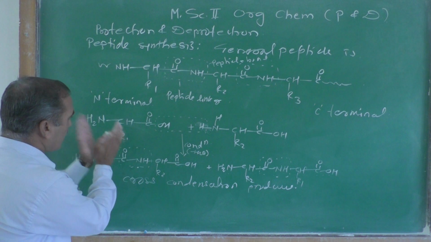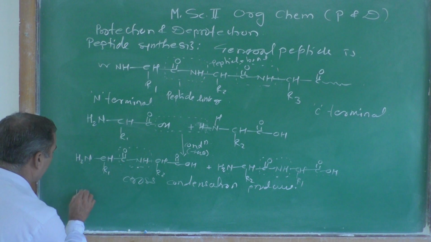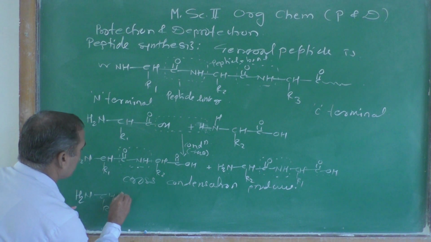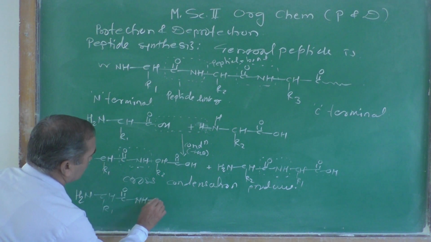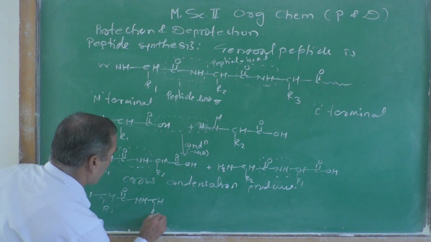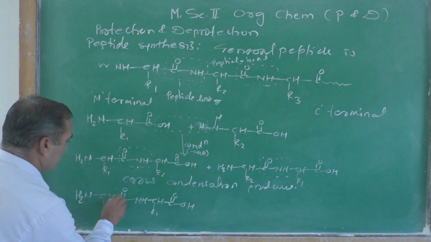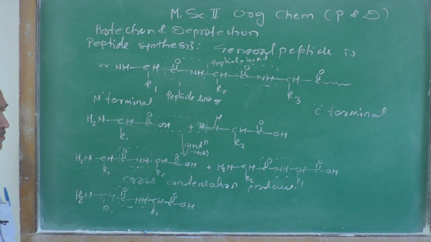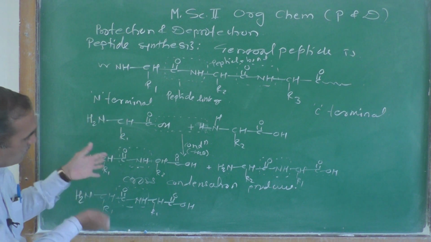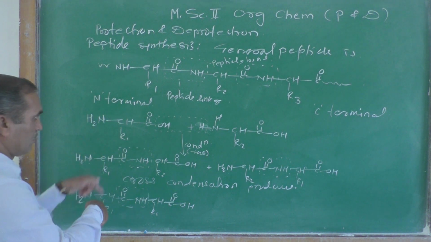When this molecule itself condenses with another of the same, what do you get? H2N, CH, R1, C=O, then NH, CH, R1, C=O, then OH. Again there is peptide bond formation: one amino acid condenses with another molecule of the same amino acid.